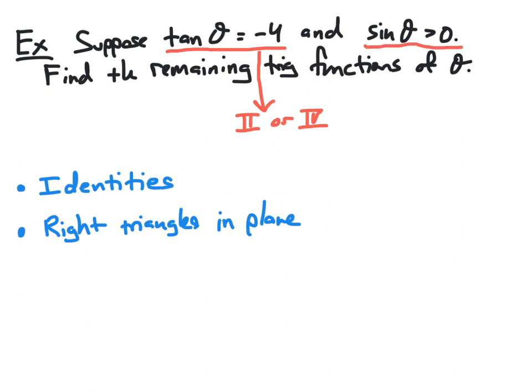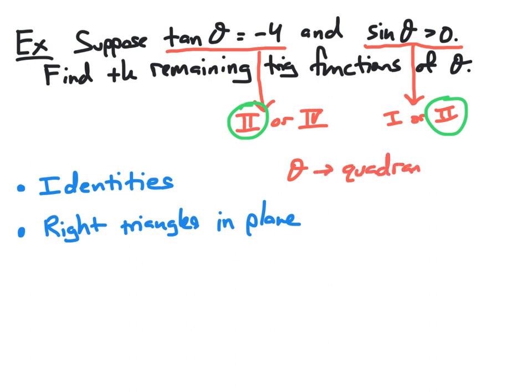We're also told that the sine of theta is a positive number, and we know this happens in quadrant 1 and in quadrant 2. And so that condition tells us that we're in quadrant 1 or 2. Now looking at these possibilities, the only quadrant that both of these would satisfy would be quadrant 2. And so this angle, theta, whatever it is, must be an angle in quadrant 2.